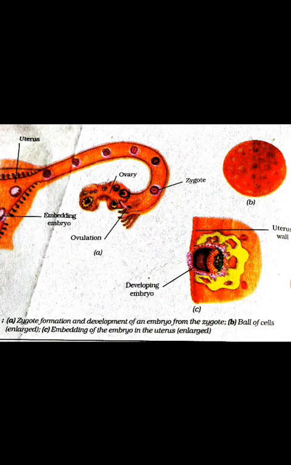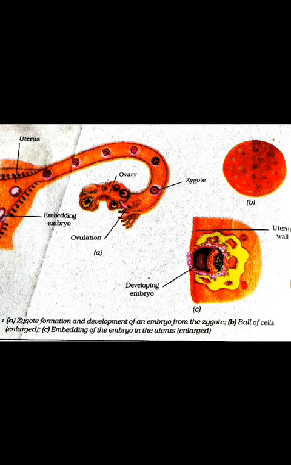The embryo gets embedded in the wall of the uterus for further development. In picture C, the embedding of the embryo in the uterus wall is very clearly shown. The first picture shows the zygote formation and development of an embryo from the zygote.